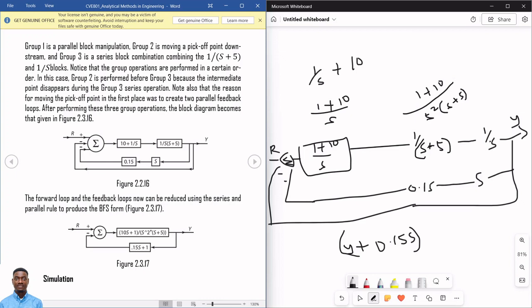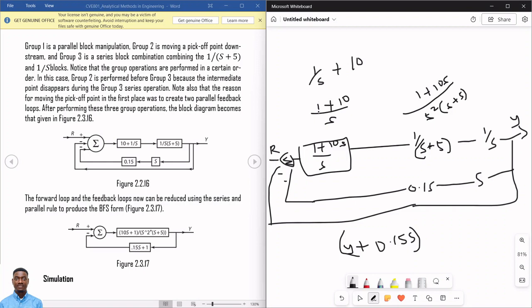And mind you, when we're doing the multiplication here, we made an error. When we're doing this, s will have multiplied 10, so that will be 10s in this place. So that will be 10s plus 1, because when we did this, that will be 1 over s plus 10.